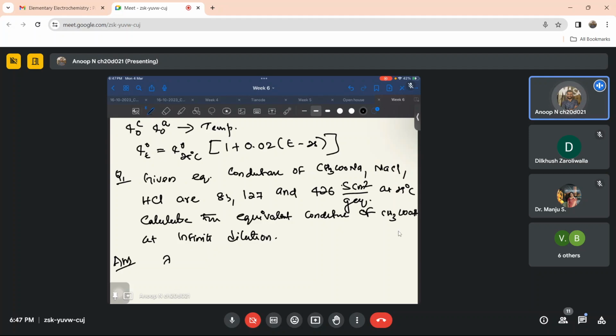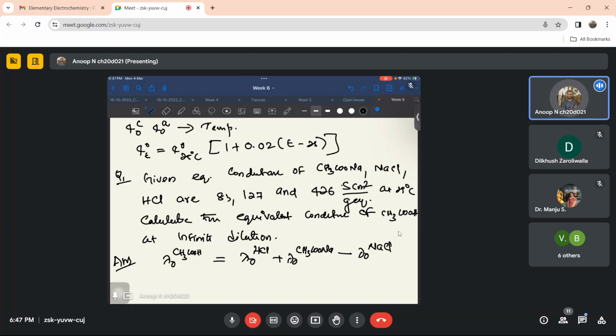So, I can write lambda 0 CH3COOH is nothing but lambda 0 HCl plus lambda 0 CH3COONa minus lambda 0 NaCl. So how can I explain how it's coming?